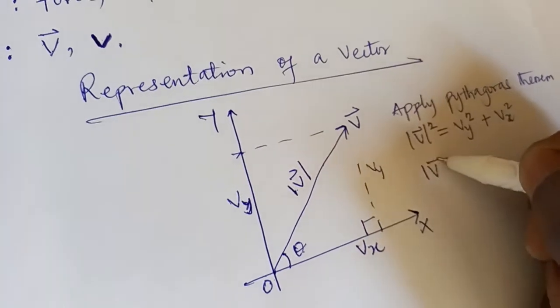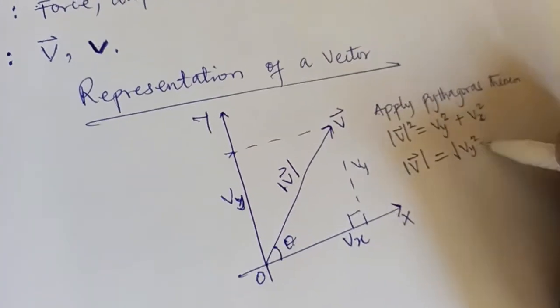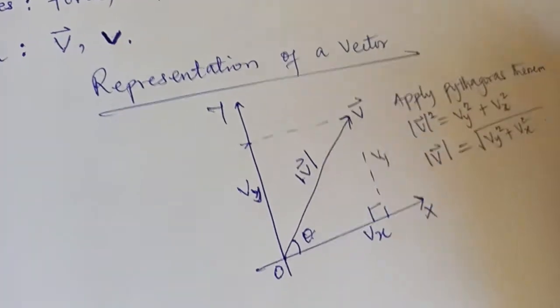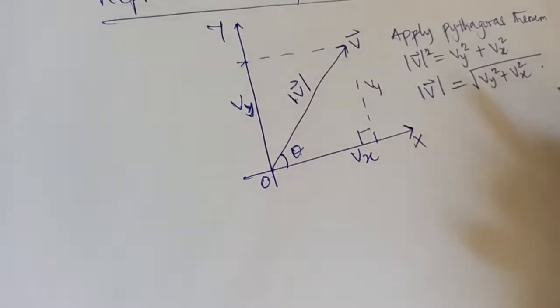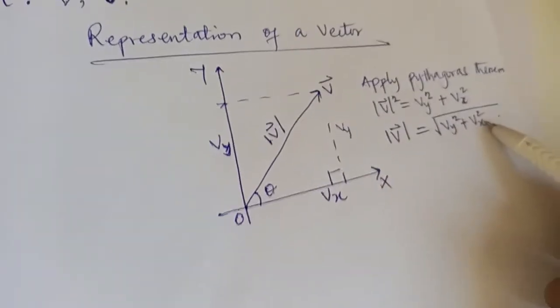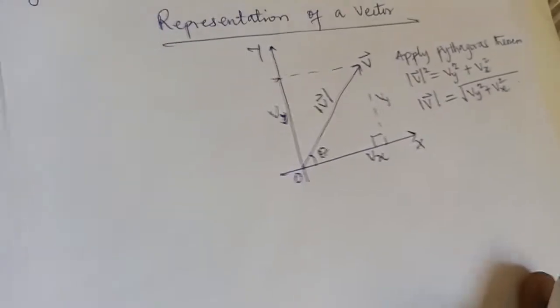We will be left with magnitude of vector v is equal to the root of vy squared plus vx squared. Now, this vy and vx, which I call the vertical component and the horizontal component of vector v respectively, how do we obtain them?